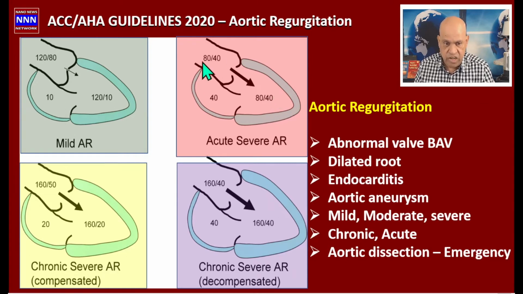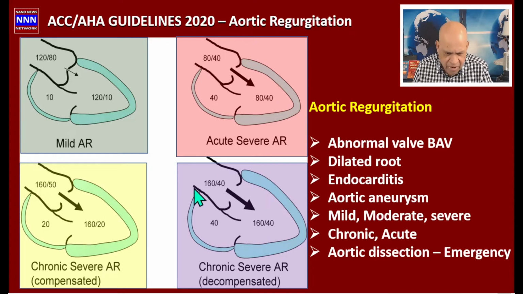These are things which are going to help you identify it, because they may give some of these parameters, saying the patient presents with acute shortness of breath, has pulmonary edema, and here is the aortic pressure, here's the left ventricular size, here's the left ventricular end diastolic pressure, and there is aortic regurgitation. What is the degree of aortic regurgitation? What kind of aortic regurgitation are we dealing with?